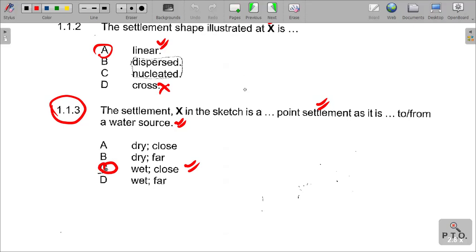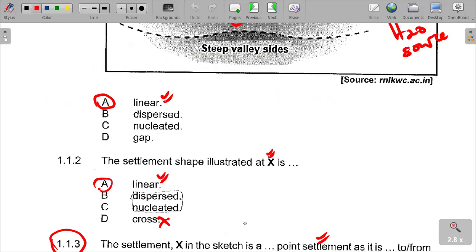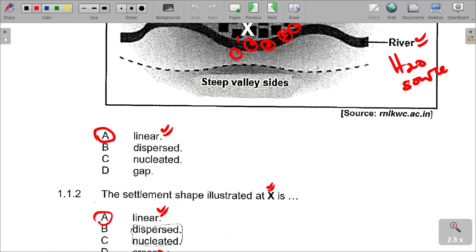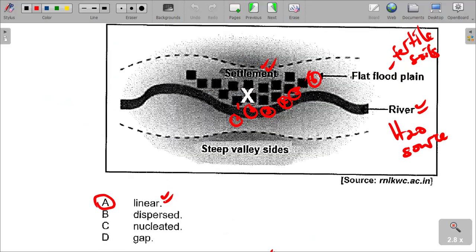If we go back onto the factors that can affect this settlement pattern, it has to do with the availability of water.